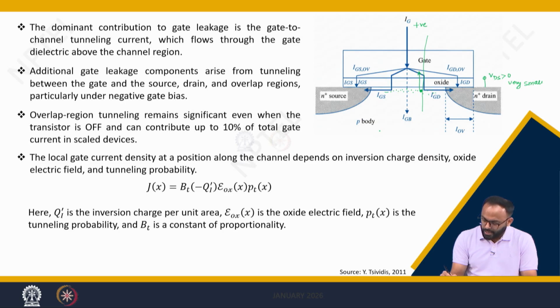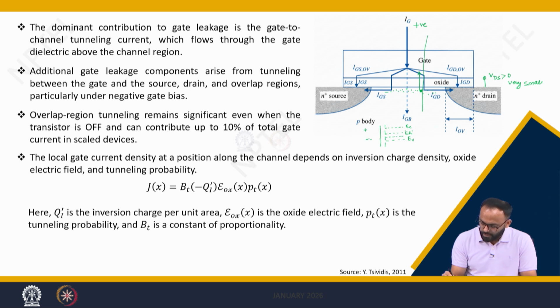If I plot a band diagram like this, this is the gate and you are applying a positive voltage, and here you have an oxide which is thin enough. This is the Fermi level of the substrate, this is the conduction band, this is the valence band, this is the intrinsic Fermi level, and this is the Fermi level, let us say, for a p-type substrate.